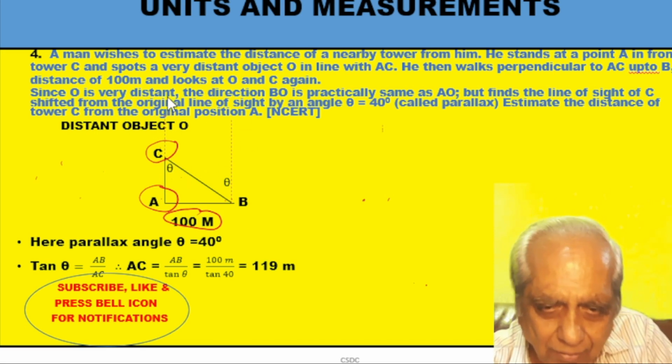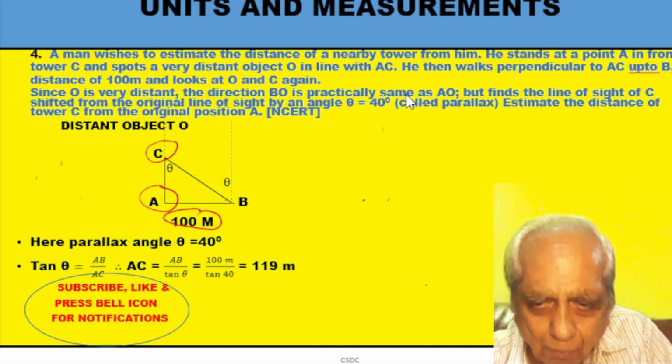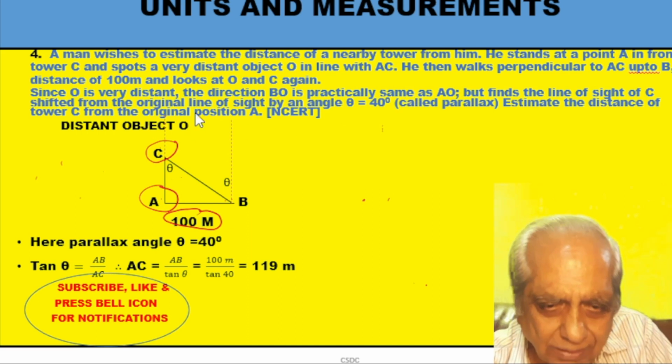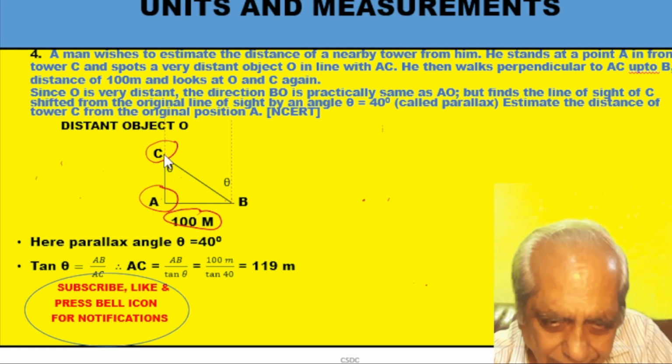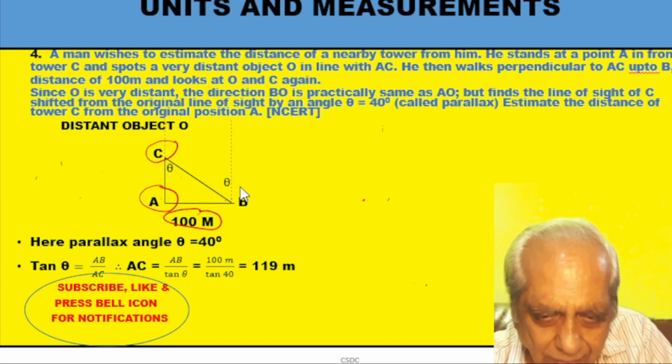It is given to us that O is very distant, direction of BO is same as AO. But find the line of sight of C shifting from the original line of sight by 40 degrees. So when he was looking at C from A, this was the line. Now when he is looking from B to C, this is the line.